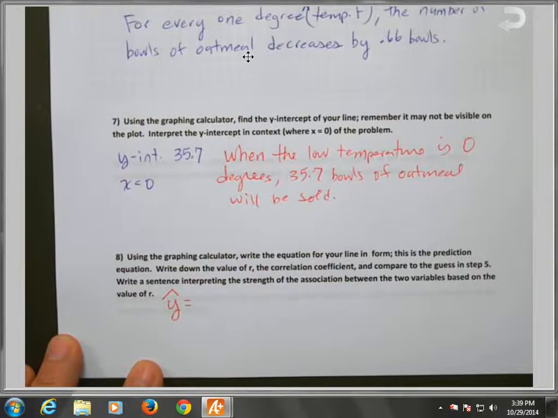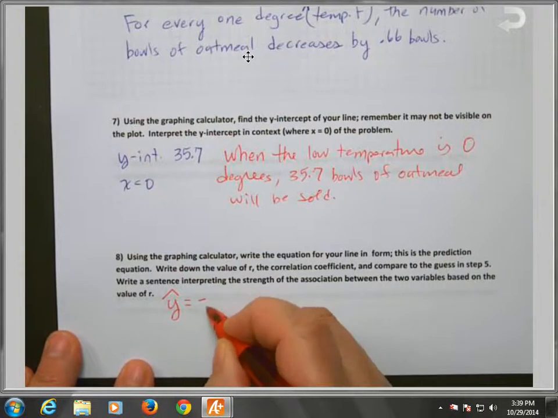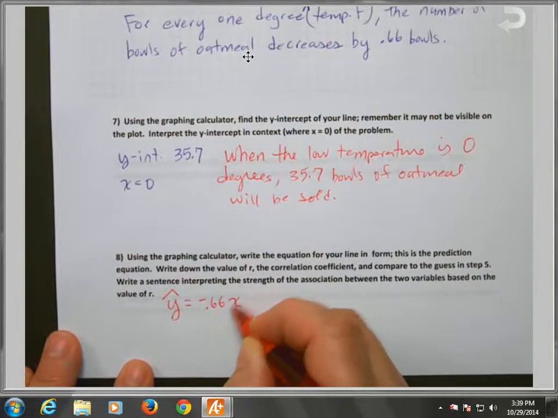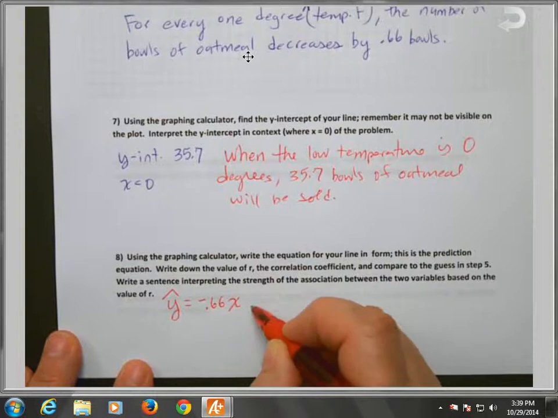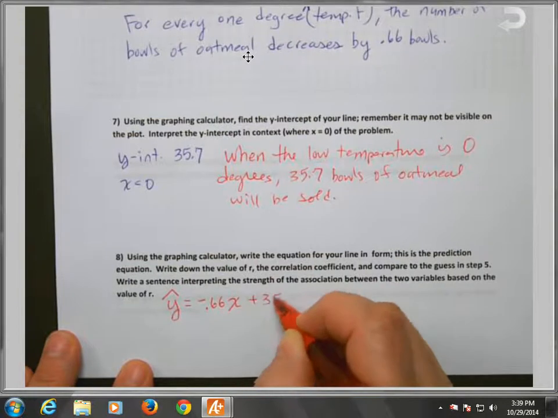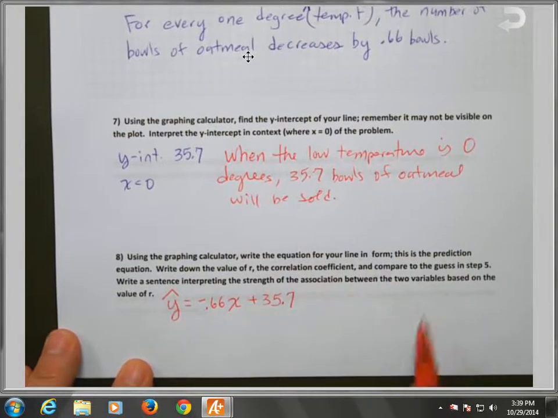That is our prediction equation. We're going to use it later on to actually do some predicting. Okay, so we put in the slope, which is the negative 0.66. We always have our x in a linear equation, and that will be plus the 35.7. So that answers the first part of this. This is our prediction equation.